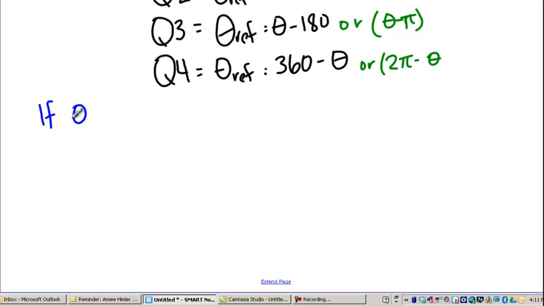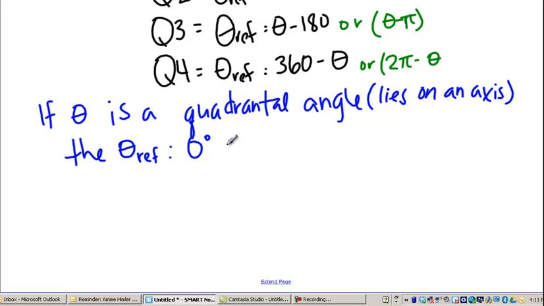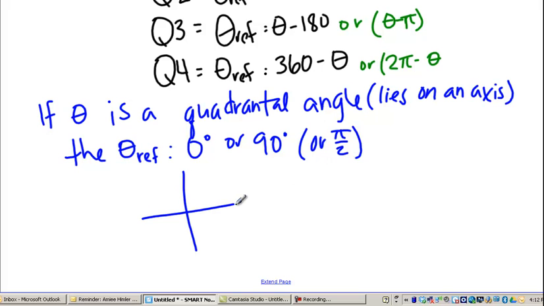So if theta is a quadrantal angle, which means it lies on an axis, then the reference angle of theta is either 0 degrees or 90 degrees, and if that's the case, it'll be pi over 2 in terms of pi. So if it's one of these points on the x-axis, then it's going to be 0, and obviously if it's on the y-axis, it's going to be 90 degrees because it's the distance from here to the x-axis. Make sense?